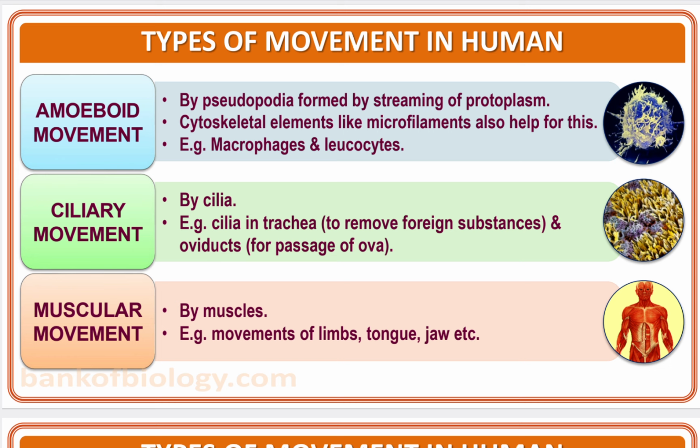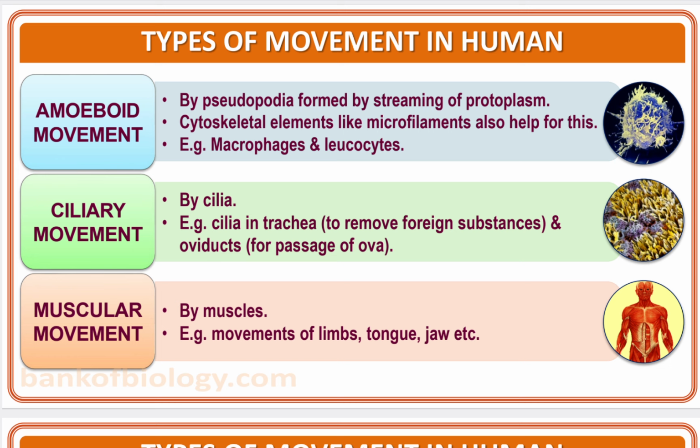We all know in our body there are leukocytes, the WBC, white blood corpuscles, and they capture prey like amoeba takes its food. So the cytoskeletal elements present inside the cell help in this movement. So macrophages and leukocytes show amoeboid movement.